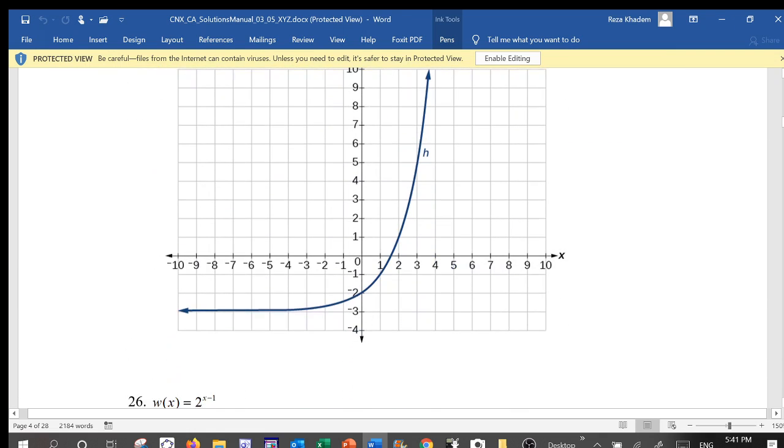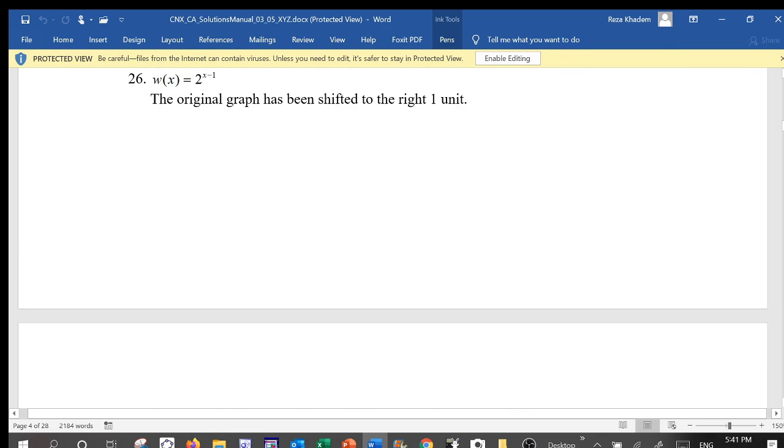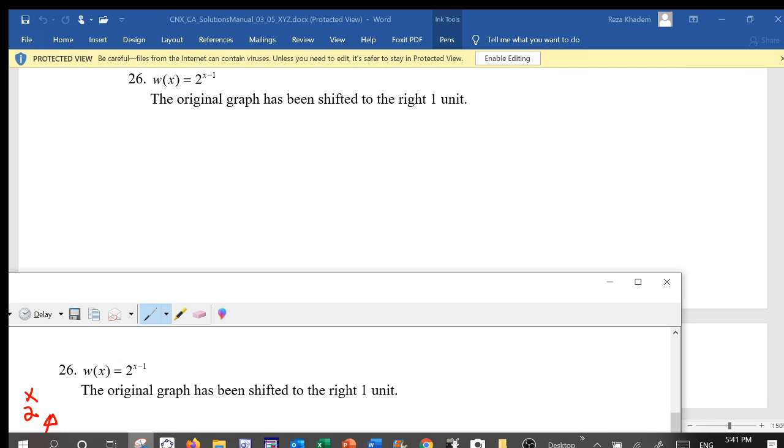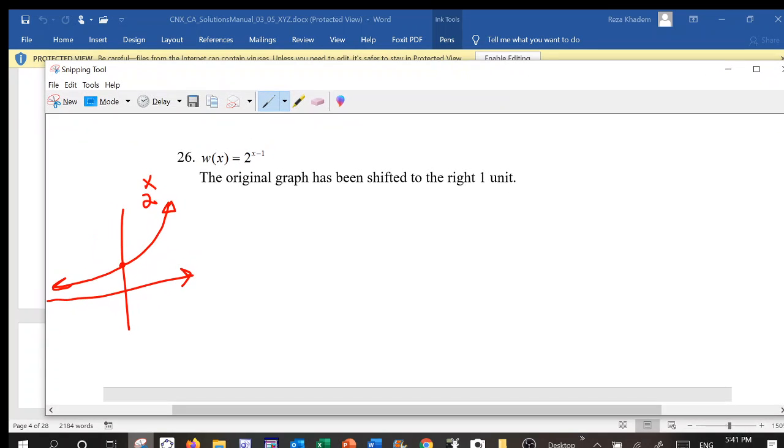Okay, it was f of x. Where did it go? Here you go. All right, so we want 2 to the power of x minus 1.